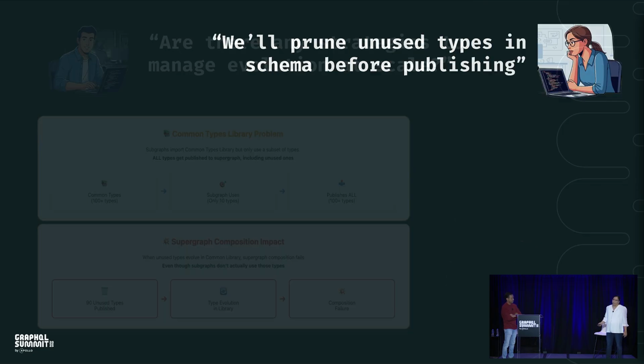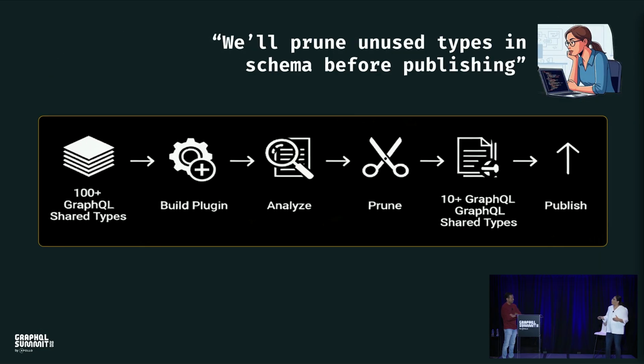So to reduce this coordination burden, our platform team built a schema pruning feature in our build plugin. Remember I had mentioned this build plugin. Adding this would help integrate shared types into the subgraph.